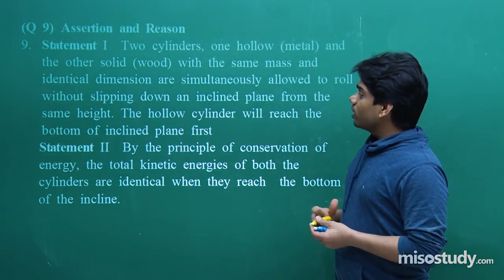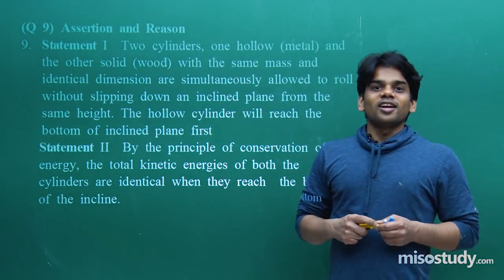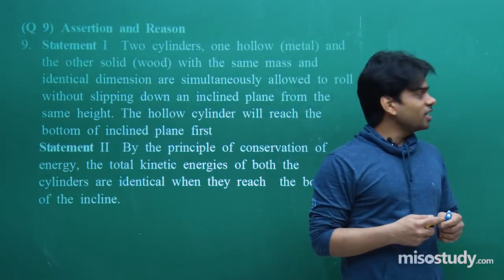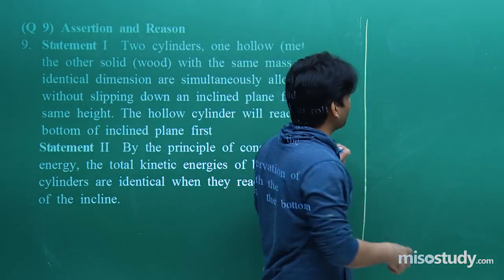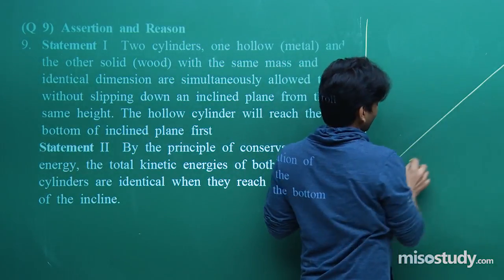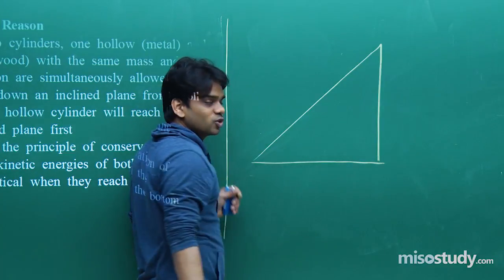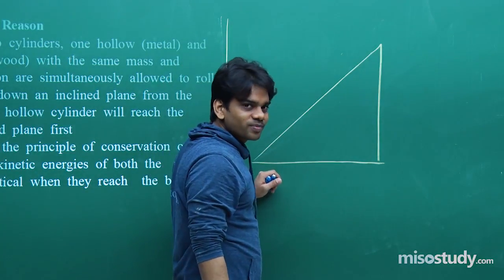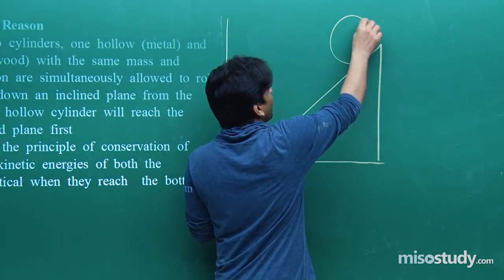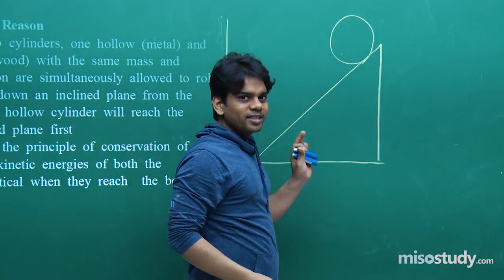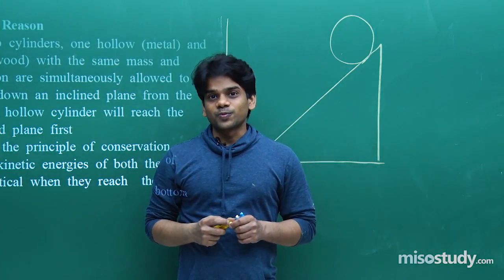Let us talk about the first statement: the hollow cylinder will reach the bottom of the inclined plane first. Now, if we talk about blocks coming down an inclined plane, that is not dependent on their mass, they will reach together. But here the case is different. I am not going to do elaborate equations because I have already done that in question number 6 and in the regular class also.